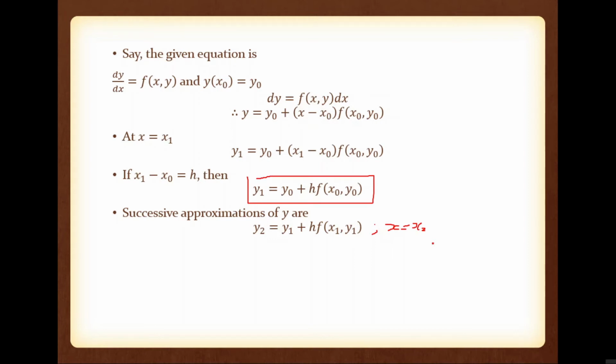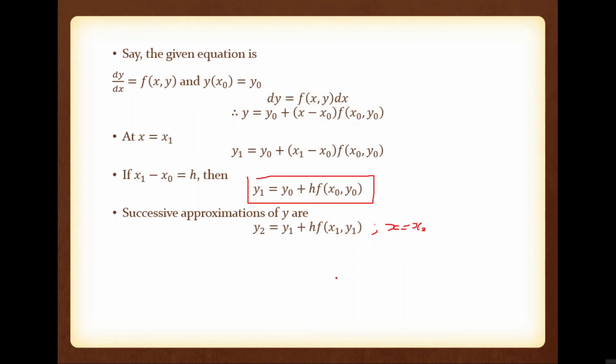But please note that particular interpolated function will be an accurate one if the h value is very small. If h is something less than 0.001, then the corresponding interpolated function, or the successive approximation, will be an accurate one. Otherwise the inaccuracy will increase. Okay, so please note this is Euler's method.